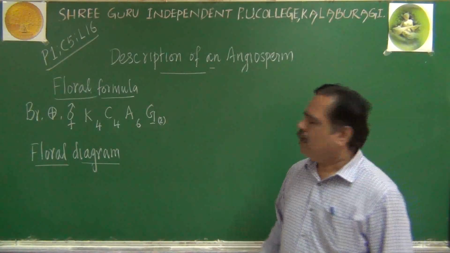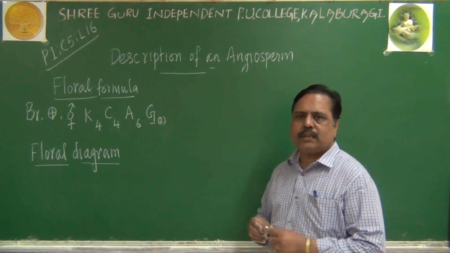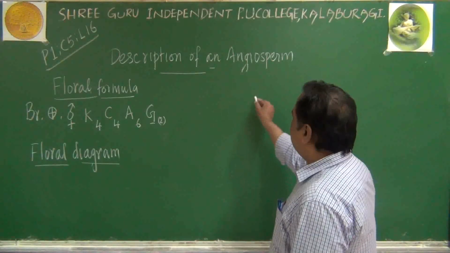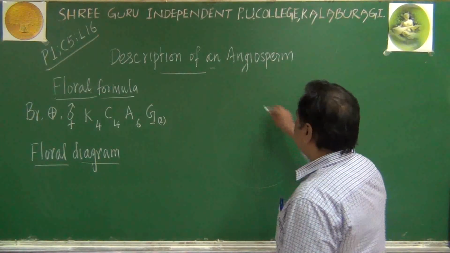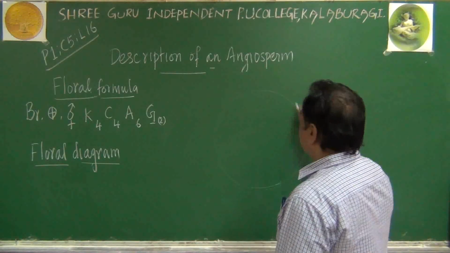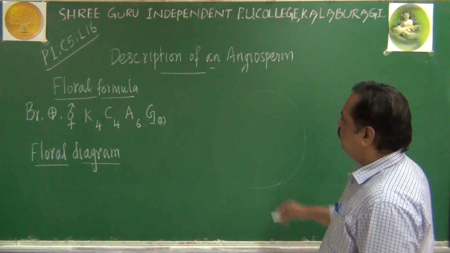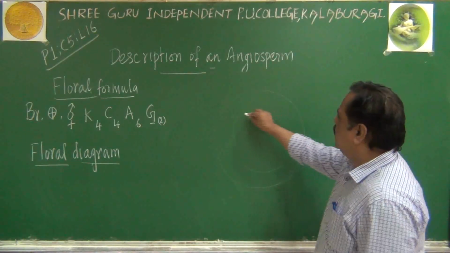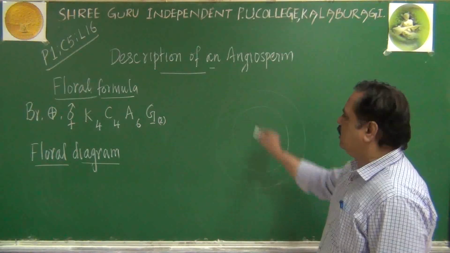Imagine, you know that a flower has 4 floral whorls. So, let me draw 4 imaginary circles like this here. Imagine there is a circle. First circle I am drawing here, the outermost circle. The second circle can be drawn like this. It is an imaginary area, we are just drawing like this.